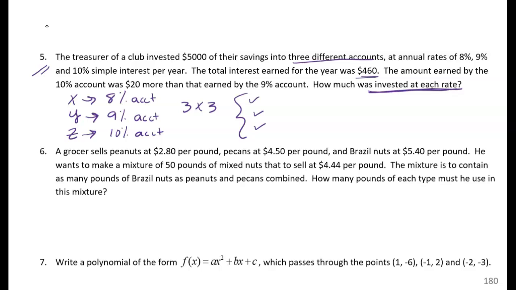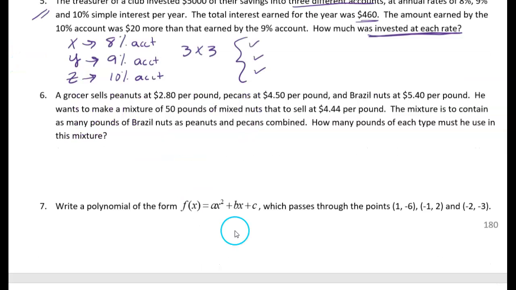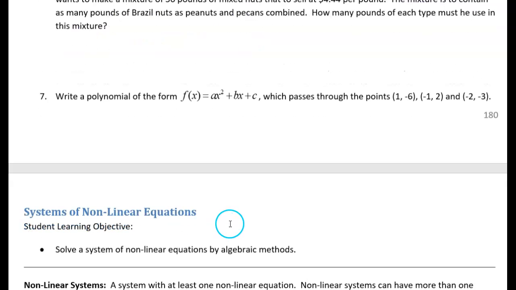So however many variables you have, that's how many equations need to be in your system. And there's an example posted that's very similar to this, so you can watch that video, and then you can try that problem on your own.